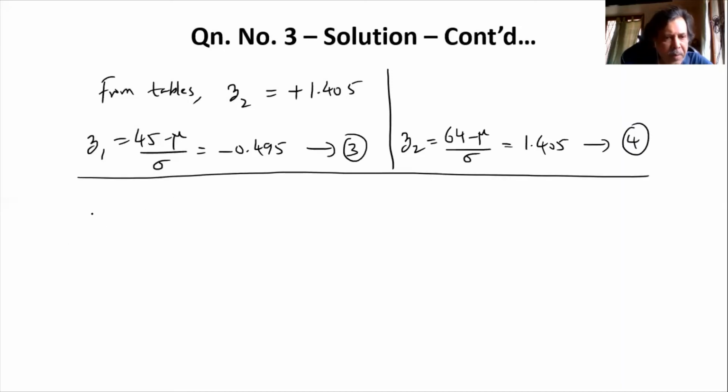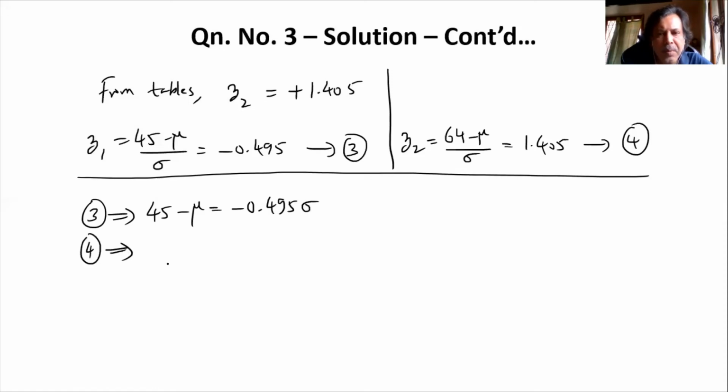Now, cross multiplying, we will rewrite the third equation as 45 minus mu is equal to minus 0.495 times sigma. And then the fourth equation, if I cross multiply, it will become 64 minus mu is equal to 1.405 times sigma.